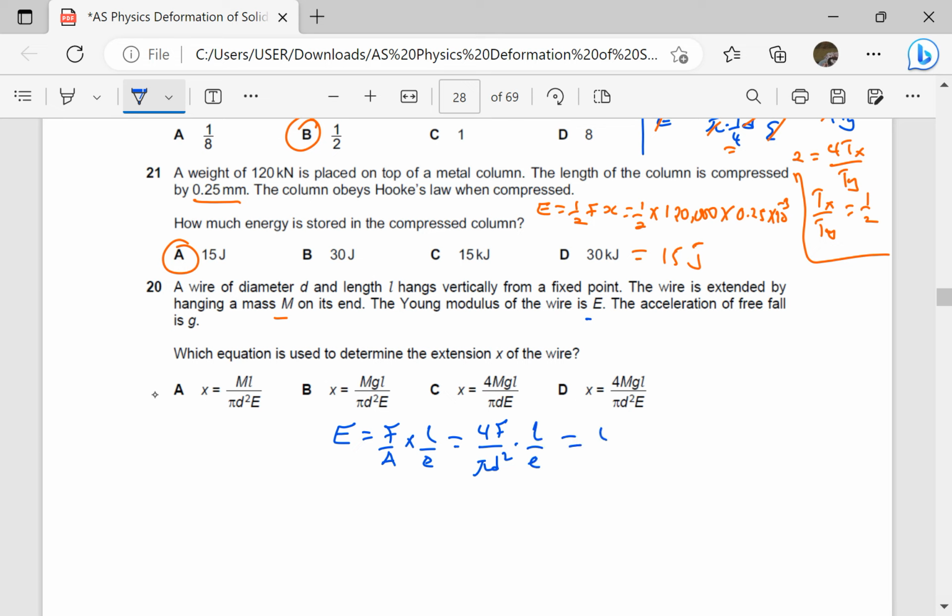The force will be mg, so this will be capital M times G times L divided by pi D squared times the extension e. Making e the subject, e will be equal to 4MGL divided by pi D squared times the Young modulus. So our answer is going to be D.